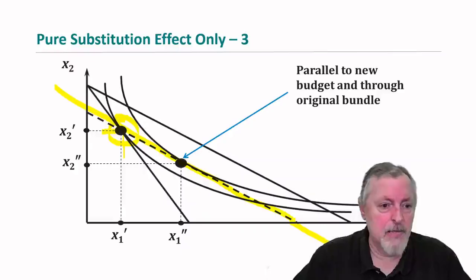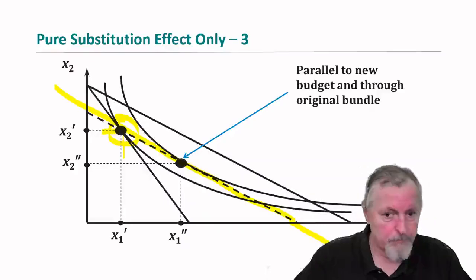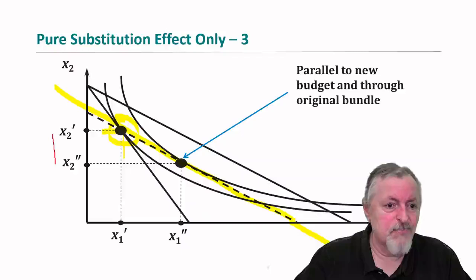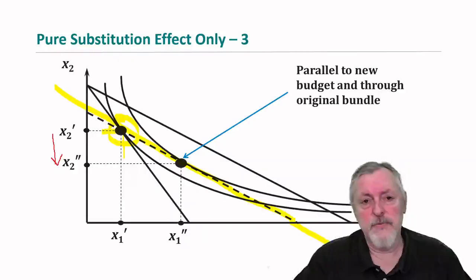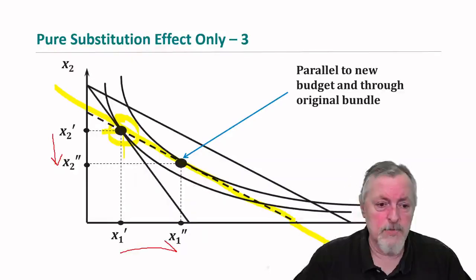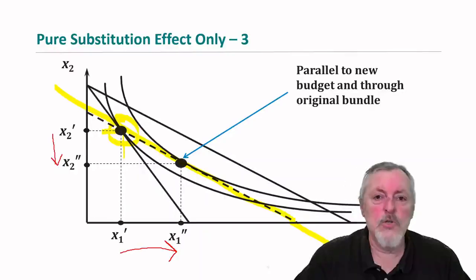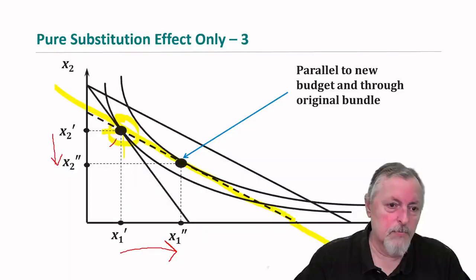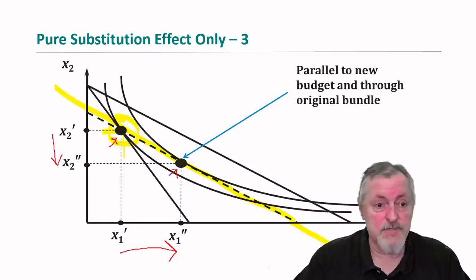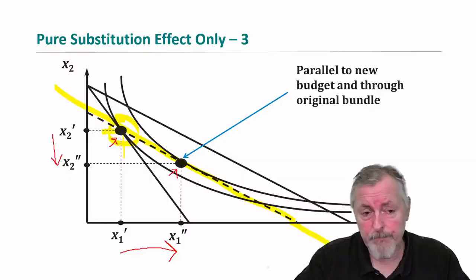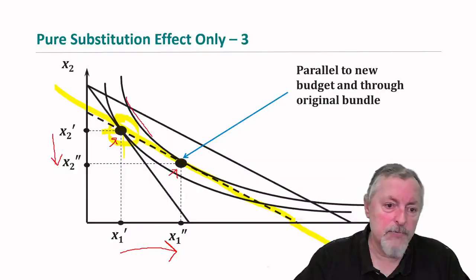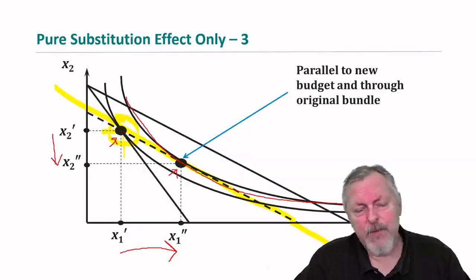You're going to want to buy less of the thing that is relatively more expensive now, and more of the thing that is relatively less expensive now. You will shift your consumption from this bundle to this one. It'll cost exactly the same as the original bundle, but it'll get you to a higher indifference curve. A little bit higher.